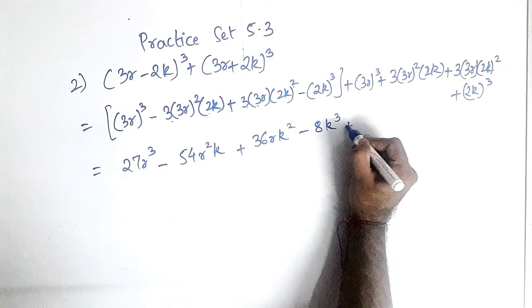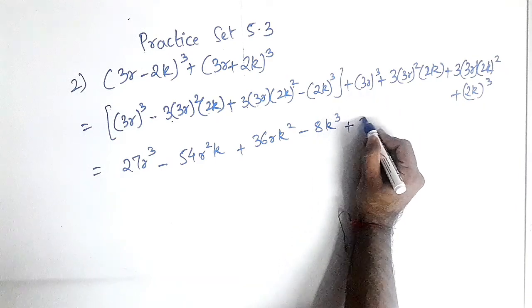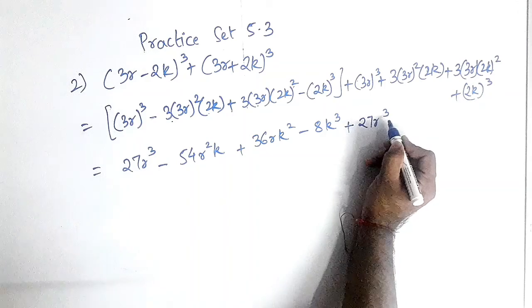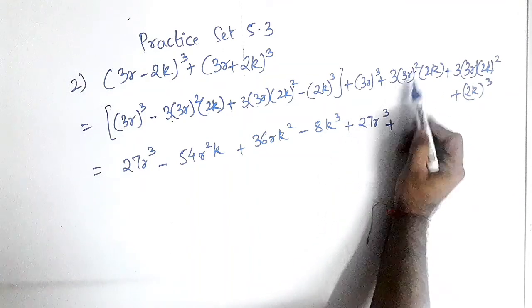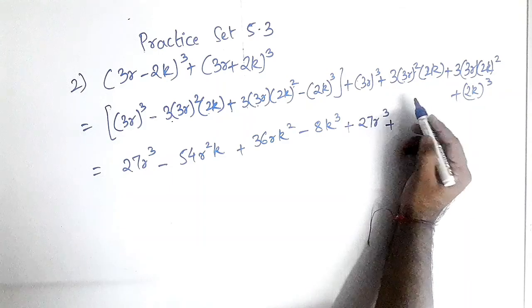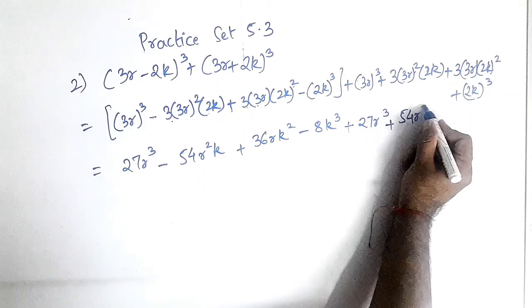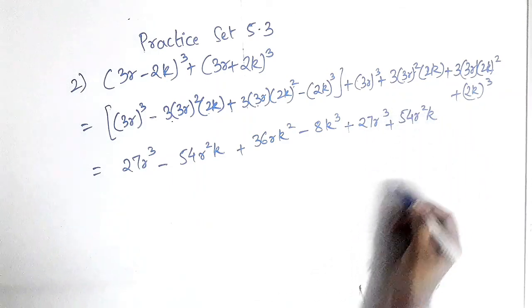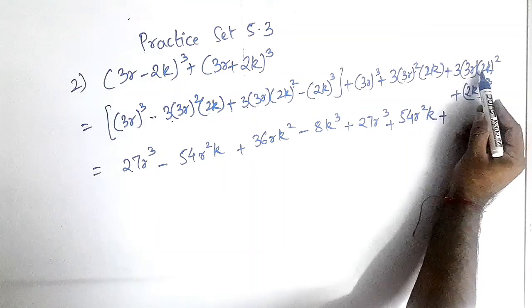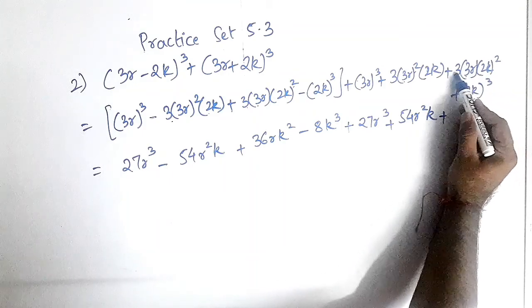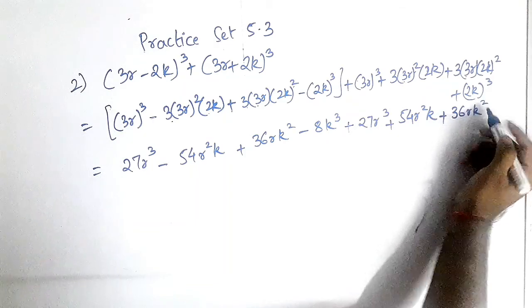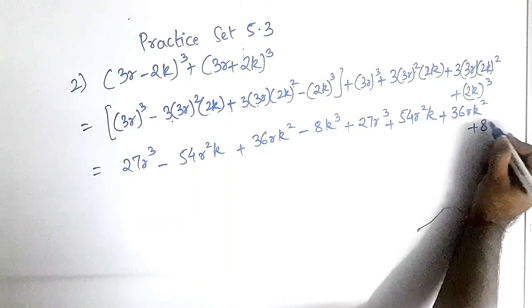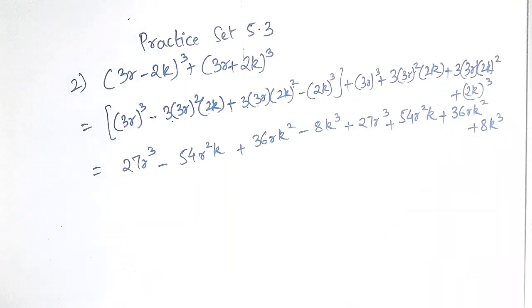Plus let us see what is this. This will become 27r cube plus 3 square 9, 9 2s are 18, 18 3s are 54r square k, plus 2 square 4, 4 3s are 12, 12 3s are 36rk square, plus 8k cube.